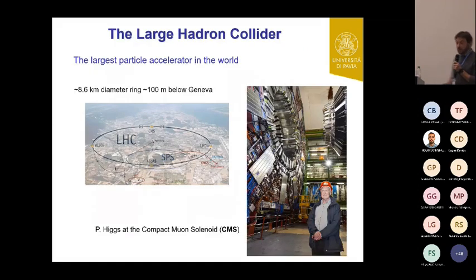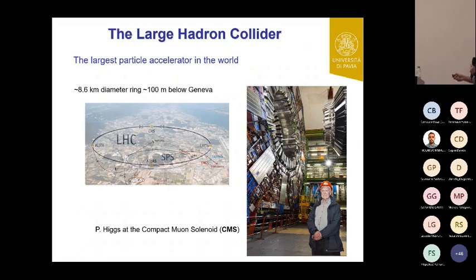So I'm not a high energy physicist, but the main motivation comes from the huge amount of data produced at the Large Hadron Collider that most of you might know. This is the largest particle accelerator in the world, based in Geneva.